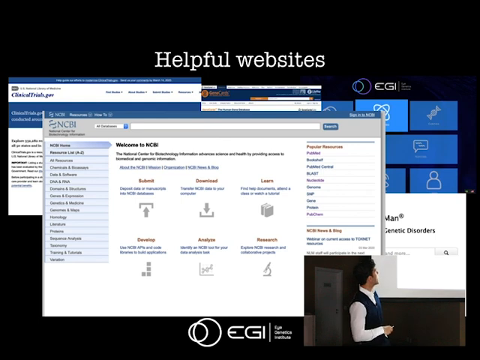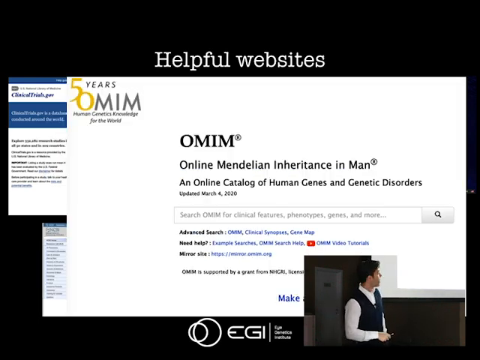And we have the NCBI website, with a lot of databases about proteins, genes, RNA, domains and structures. Many databases that will help us a lot as well. We also have the Online Mendelian Inheritance in Man website, which is 50 years old now, and also very comprehensive.